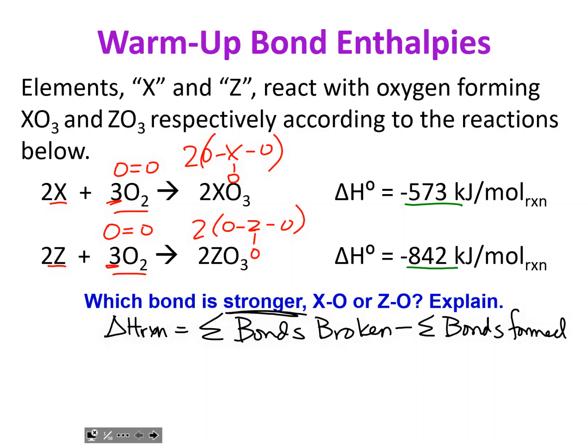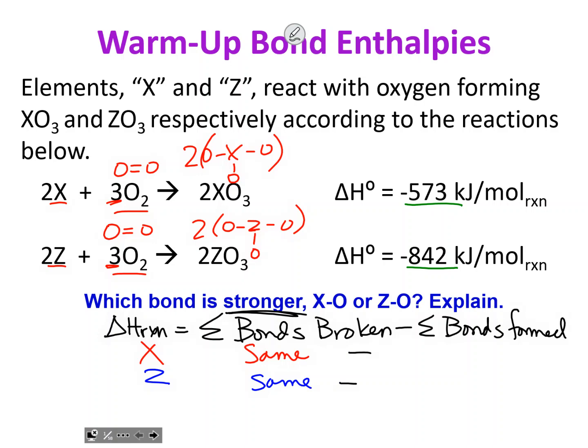So if we're looking at X versus Z, this is going to be the same for the bonds broken. Same here, because all we're doing is breaking 3 double bond oxygens in the process of this reaction.